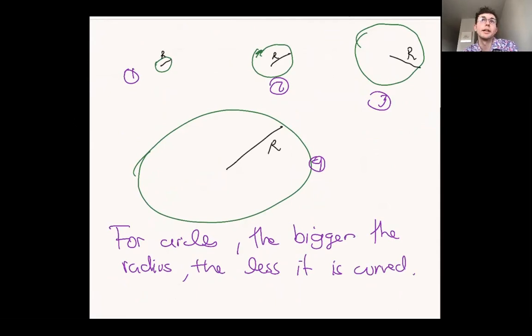So actually, one ends up proving the formula. It's not by definition, but there's a definition of curvature for which the circle ends up having curvature 1 over r.